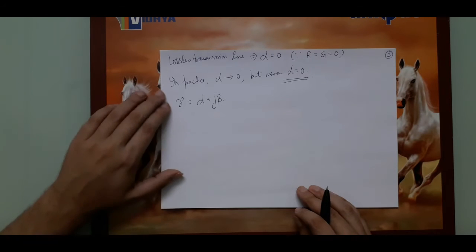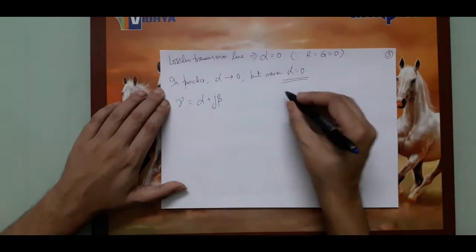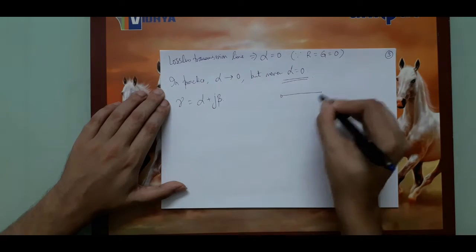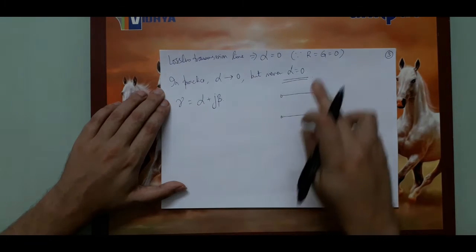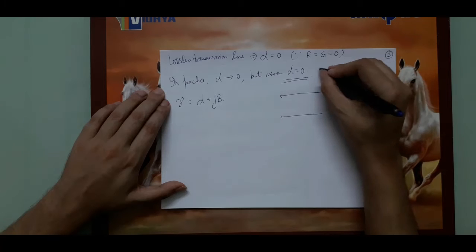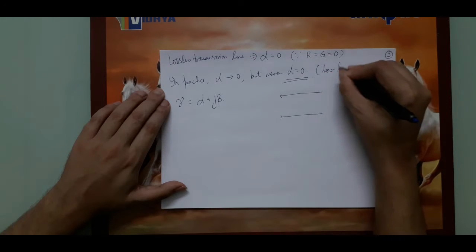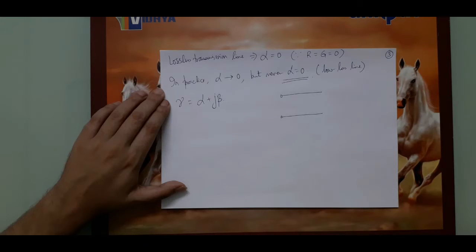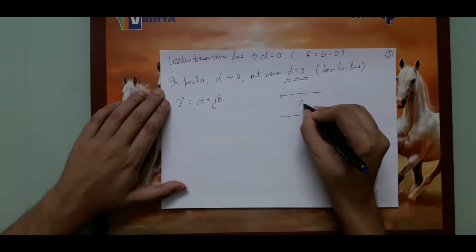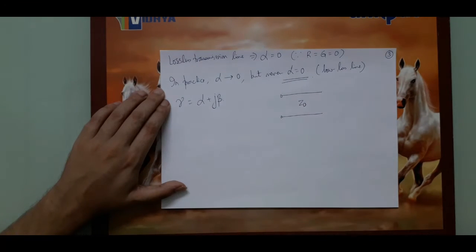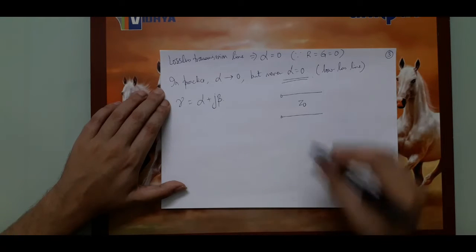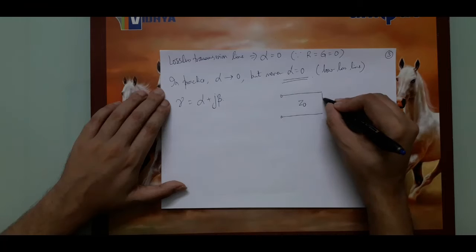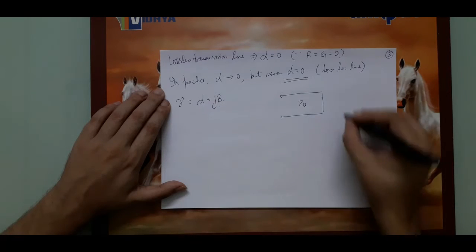Now suppose I have a transmission line. This is called a low loss line, not a lossless line. So suppose I have a low loss line with characteristic impedance Z0, which need not be purely real, and I have a load which is a short circuit.